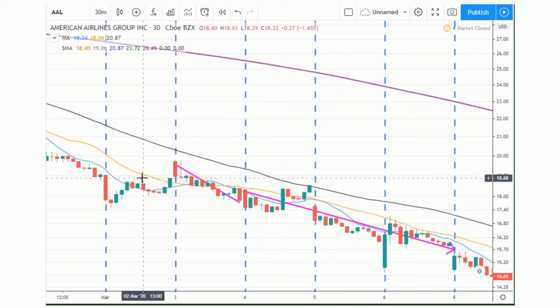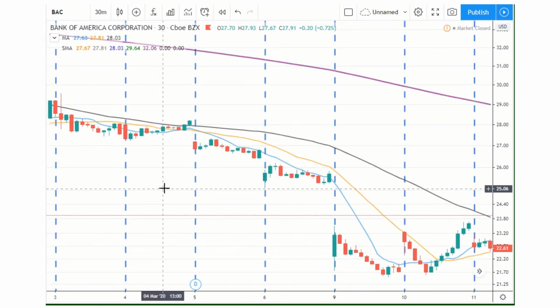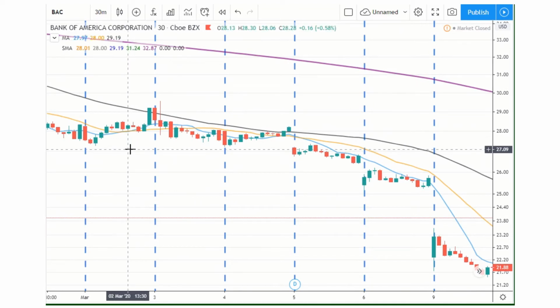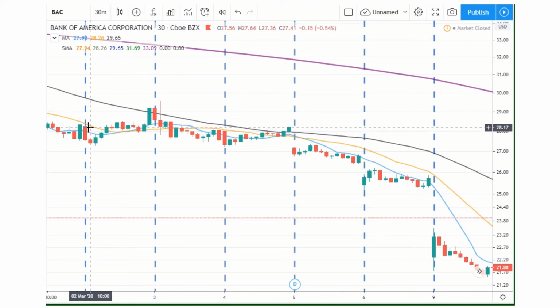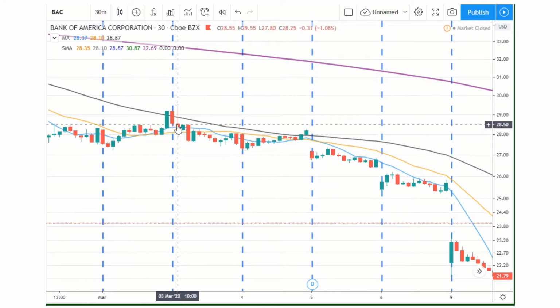So let's look at Bank of America. Okay, we're looking at March the 2nd. Again, it didn't move much the first day of that week of March the 2nd. But it did start to fall on the second day of the week.